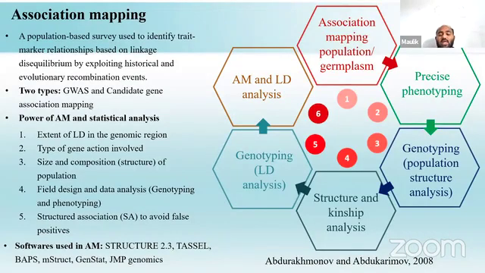Another approach is association mapping. Mapping is of two types: linkage-based mapping and association mapping. Rice is easy to develop a mapping population for, but if we develop a mapping population in mango, that is a big question because the mango life cycle is 10 years.